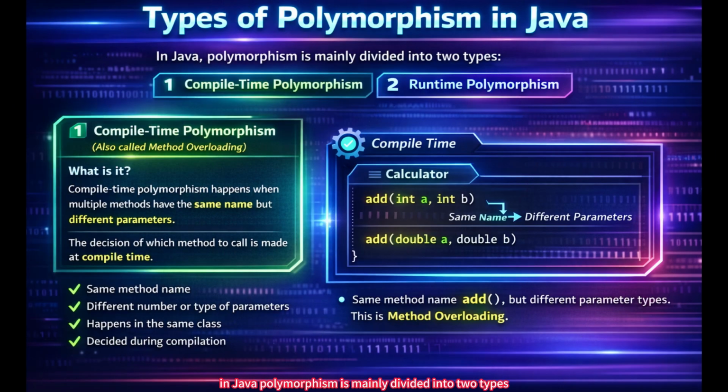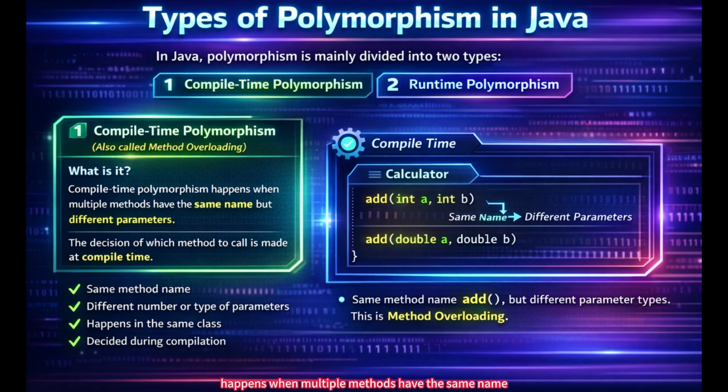In Java, polymorphism is mainly divided into two types. First, compile-time polymorphism. Second, runtime polymorphism. Let's understand them one by one. Compile-time polymorphism, also called method overloading. What is it?